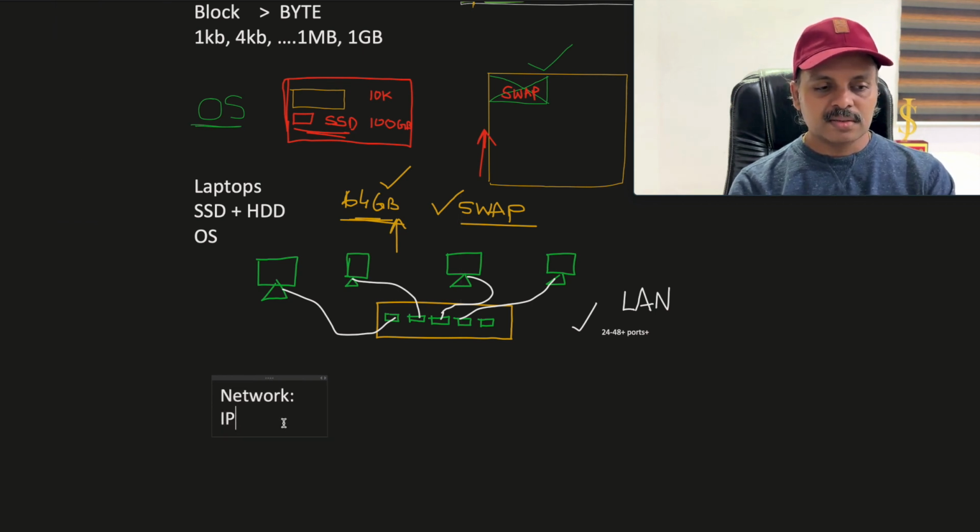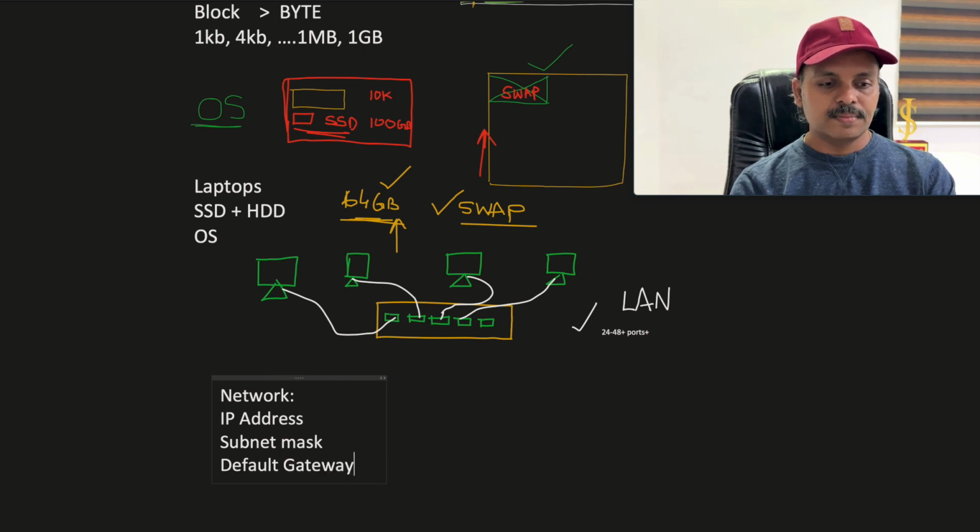So, IP address, and one more thing you will come across, subnet mask, default gateway, primary DNS and secondary DNS.